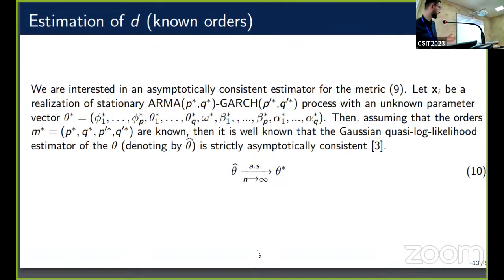Since we don't know the underlying process, we just observe the samples x_i. We need to define some estimate of this theoretical d. If we denote by theta star the true parameter vector of the ARMA-GARCH process, and the orders of these processes, p star and so on, are known, then we can use the Gaussian quasi-log likelihood estimator of theta.